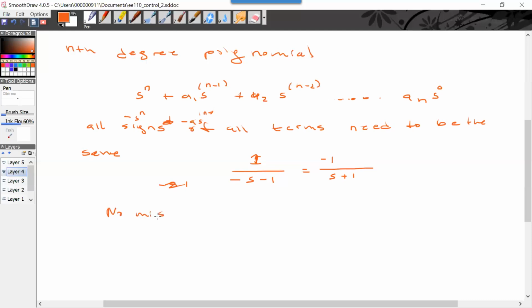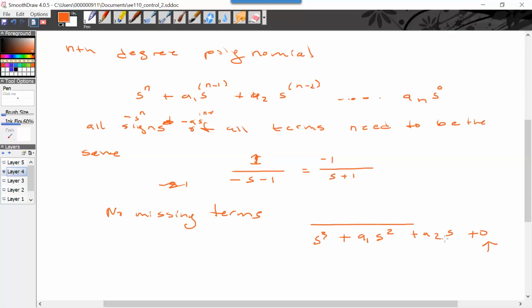No missing terms. If I had s cubed plus a1 s squared plus a2 s plus nothing, that term is missing.